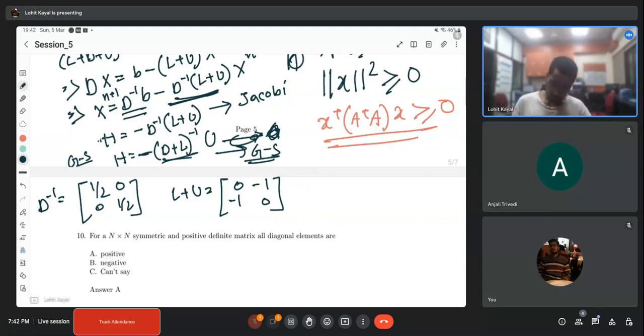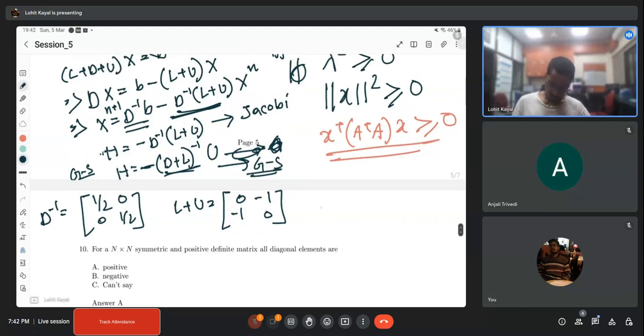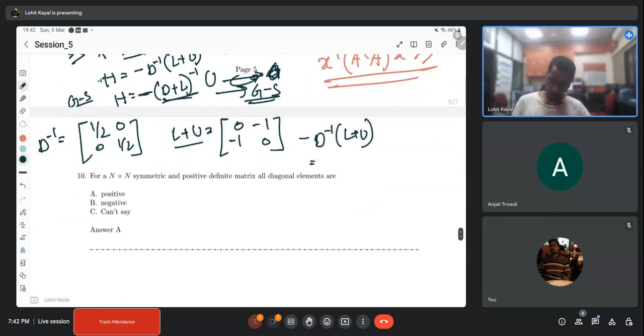Okay. So here I will do it by hand for the Jacobi method. Later I will show in code both the Jacobi and the Gauss-Seidel method. So this is L plus U. I just need to calculate D inverse times (L + U), and there is a negative outside. So let's do the calculation. Minus is outside already.